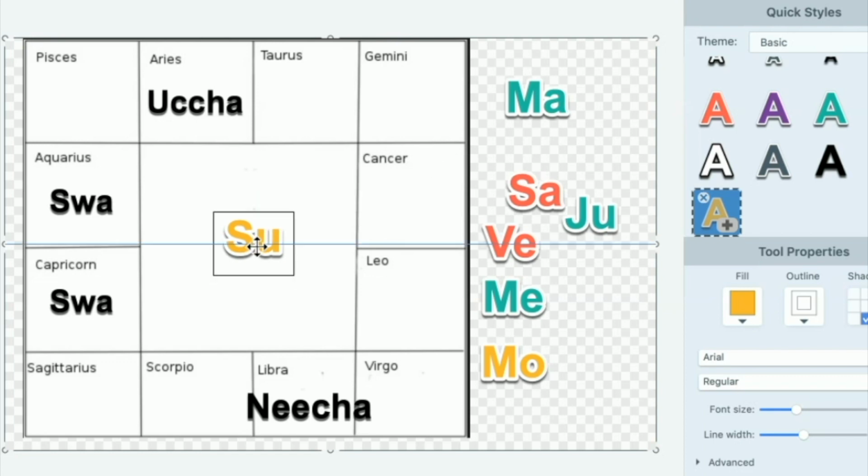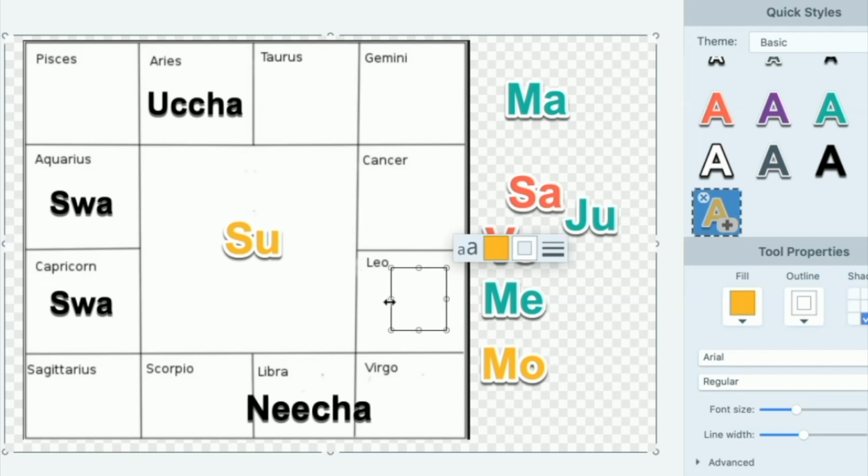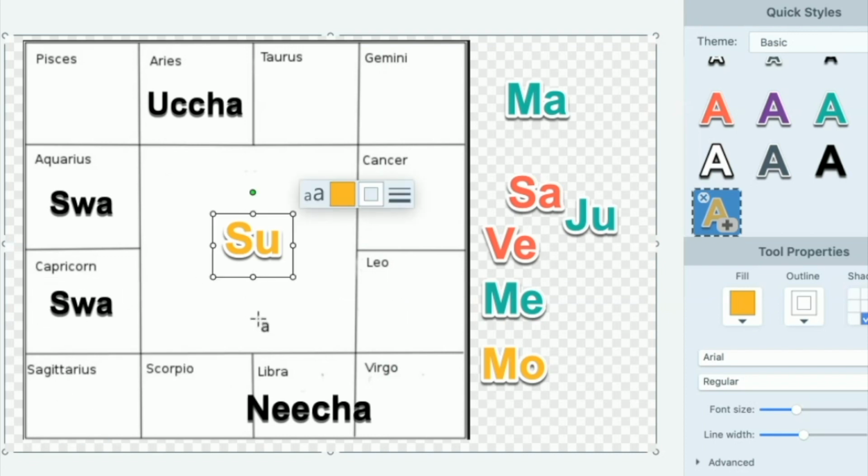The friends are the signs that are in the 5th and 9th houses from the sign. Like the friends of Mars are the planets that rule the 5th house, which is Leo. Who rules Leo? The Sun. And who rules Sagittarius?